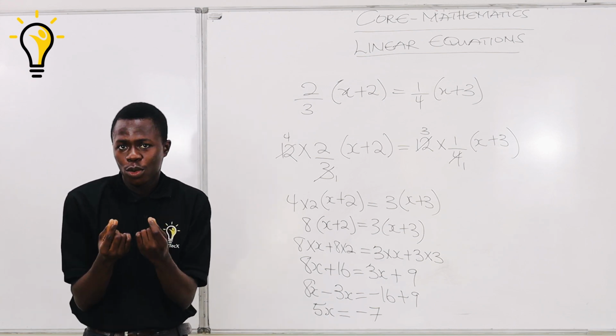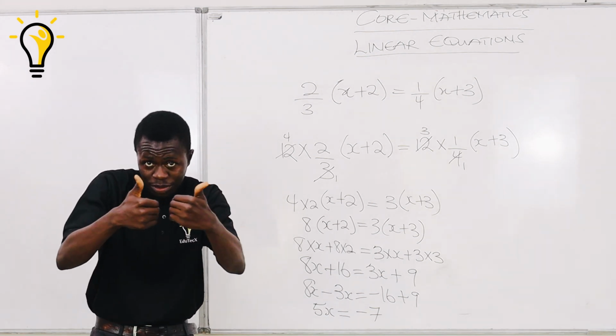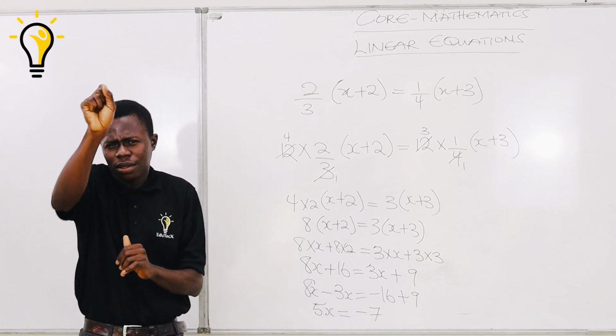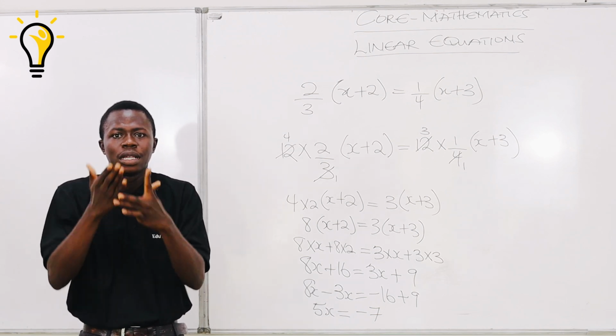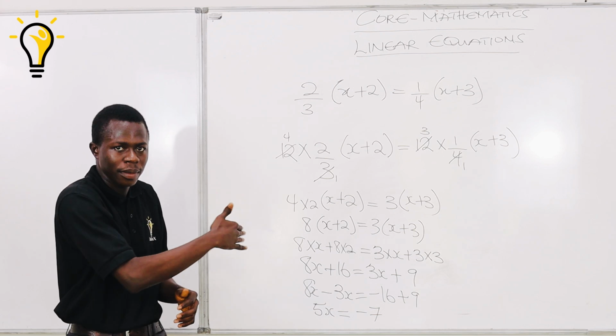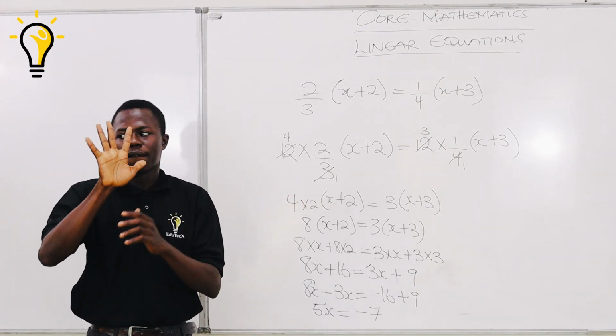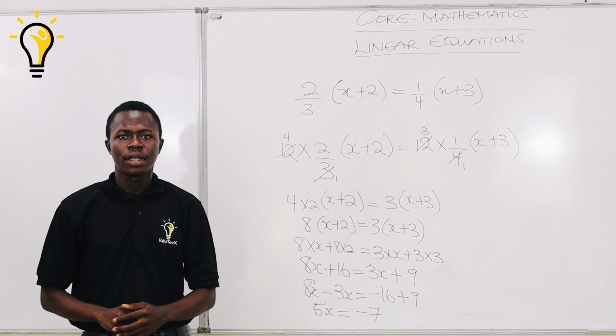Now, what do we do again? We try to isolate x by dividing through by 5. So we divide the left hand side and the right hand side by 5.